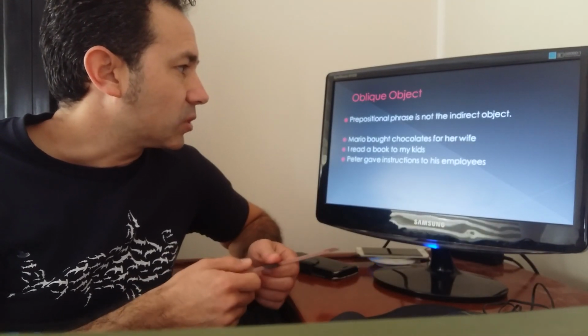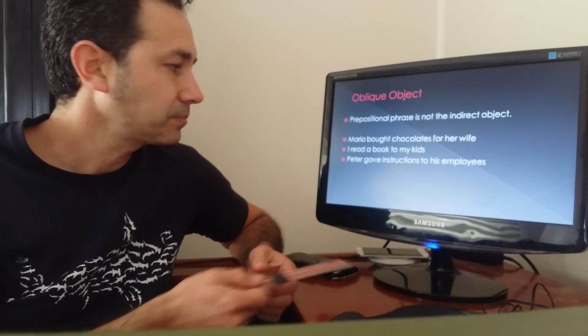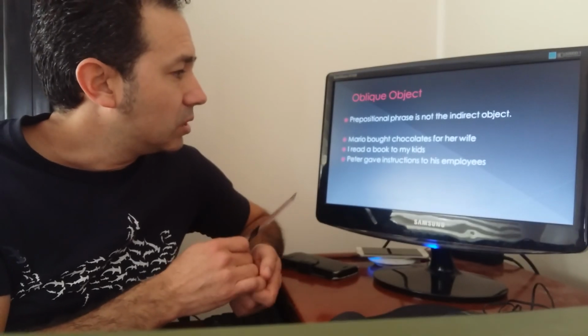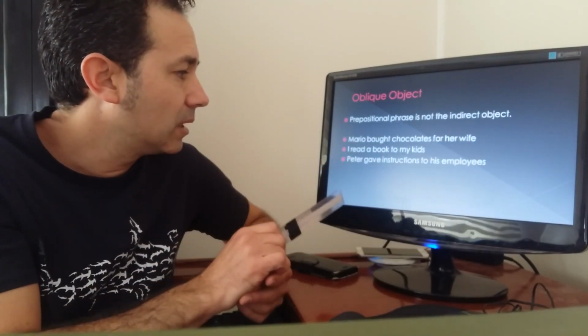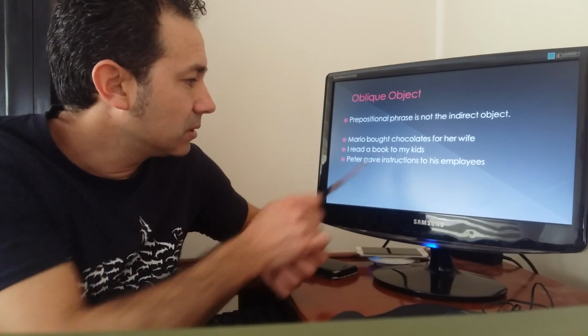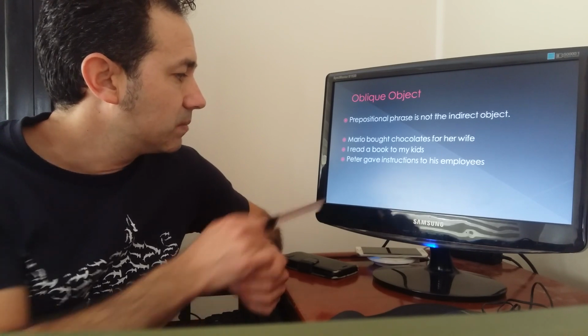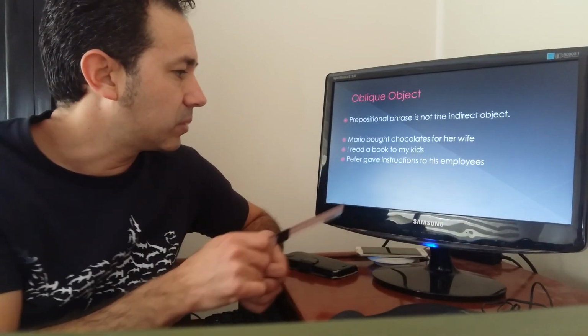And at the end, the oblique object. An oblique object is a prepositional phrase, it is not an indirect object. It's similar but it's not. Mario bought chocolates for his wife. For here is the preposition. And: I read a book to my kids. To here is the preposition. Peter gave instructions to his employees. To his employees.